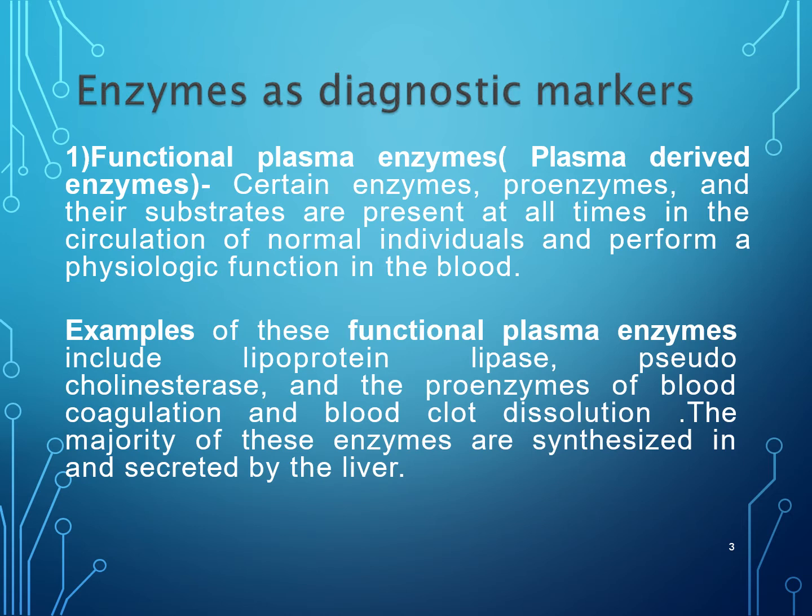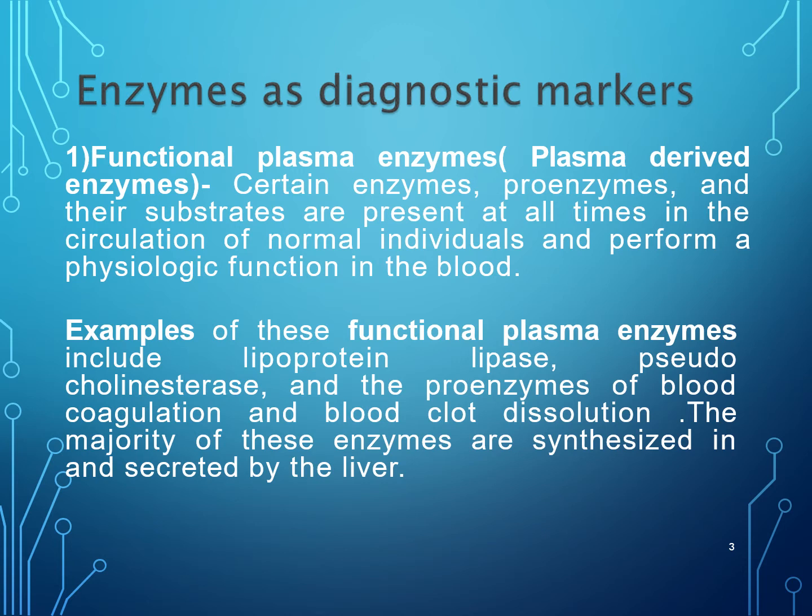The functional plasma enzymes are derived from the blood plasma. These include certain enzymes, proenzymes and their substrates which are present at all times in the circulation of normal healthy individuals, and they perform several physiological functions in the blood.